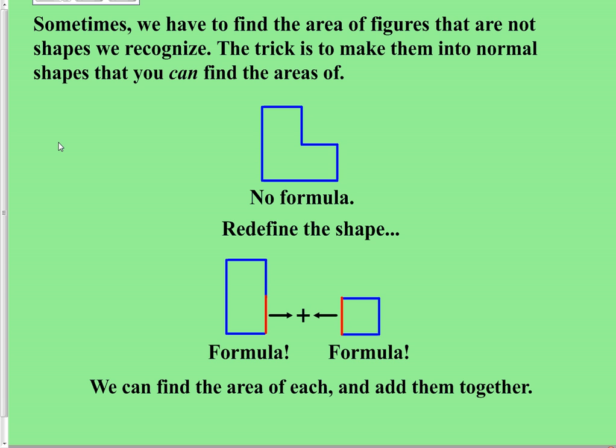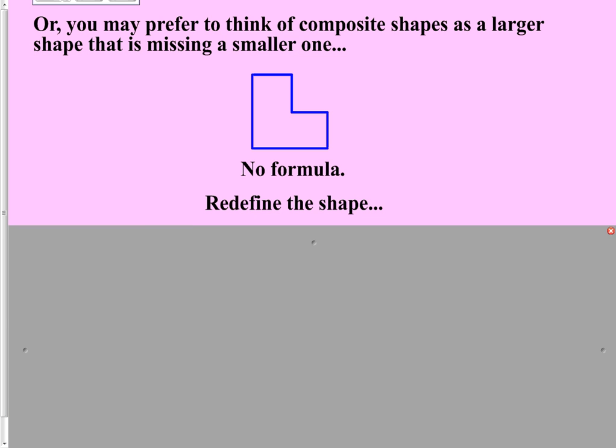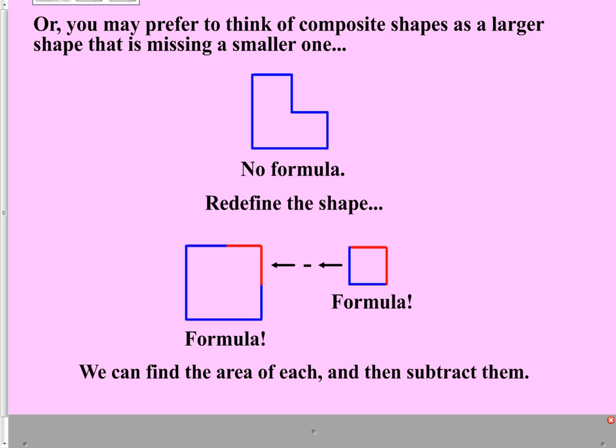Okay, so the big block-shaped L at the top of the screen, the concave hexagon would be its proper term. Okay, we don't have a formula for it, but it can be broken down into smaller shapes that we do understand that can then be added together, like you see at the bottom of the screen. Or perhaps another way of thinking about it would be to consider a larger shape that has had a smaller piece of it removed.